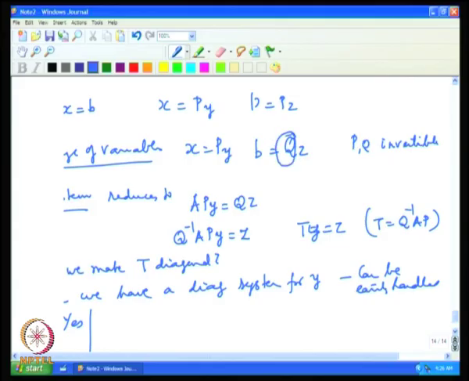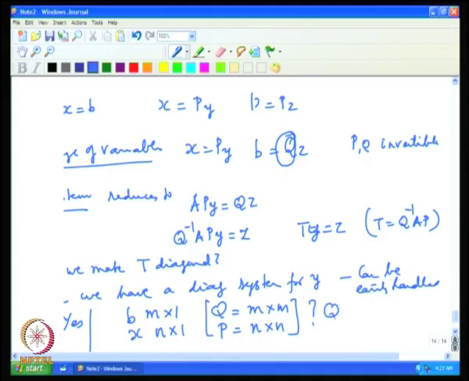Now, you see that the transformation for b involved the matrix Q. In the case of a rectangular system, b will be m by 1. So, we can choose Q to be an m by m matrix and x will be n by 1, so we can choose P to be an n by n matrix. So, we have one transformation for the unknown and one transformation for the known b, and then we would ask whether Q inverse A P is diagonal.